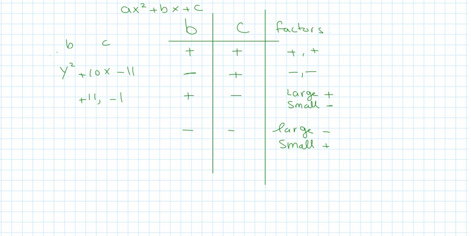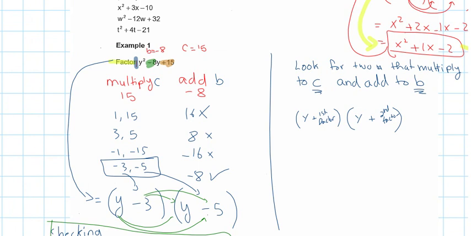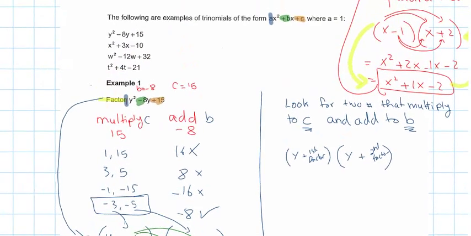All right. So let's look at the other question right here. I have x squared plus 3x minus 10. So factor x squared plus 3x minus 10. What's the value of a? A is 1. What's b?